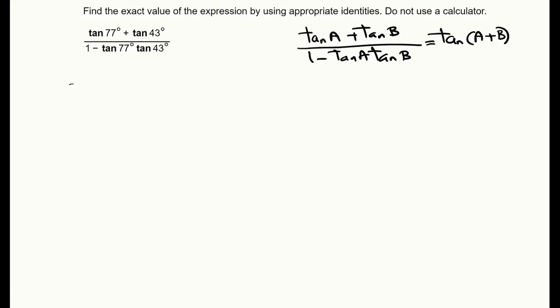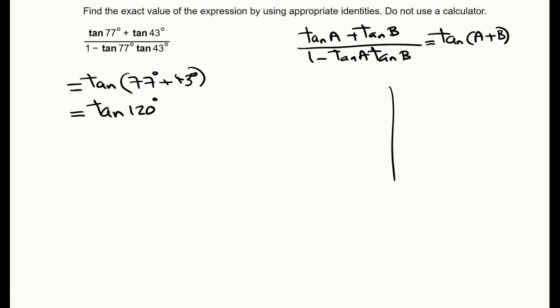So we should be able to write this as the tangent of 77 degrees plus 43 degrees, which is the tangent of 70 and 40 gives us 110, 7 and 3 is 10, so 120 degrees. So all we have to do is find the tangent of 120 degrees. Now, when we draw a unit circle, we know that 120 is right here, so we know it's related to 60.